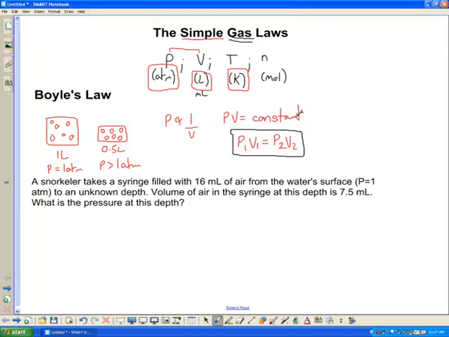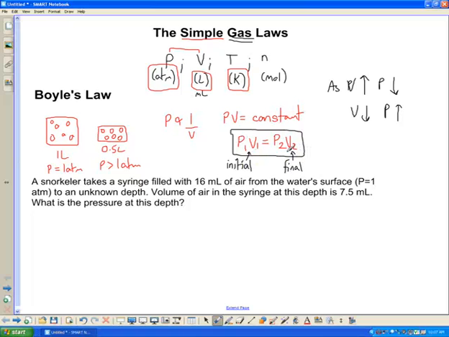So what Boyle's law says is as volume goes up, pressure goes down, or as volume goes down, pressure goes up. The two are inversely related to each other. Alright, so given 3 of the 4 variables here, if these are our initial pressure and volume, and these are our so-called final pressure and volume, we can calculate one variable given the other 3.